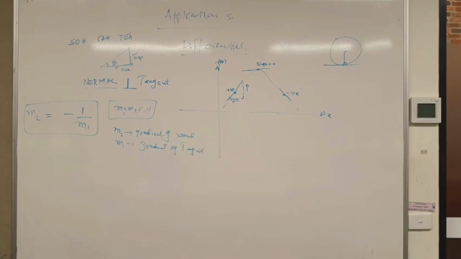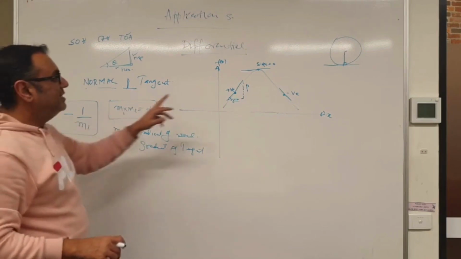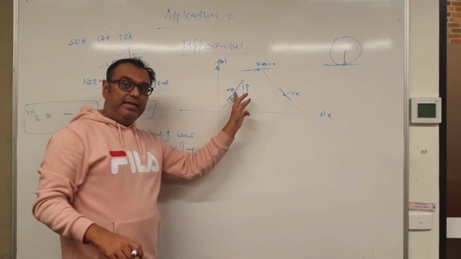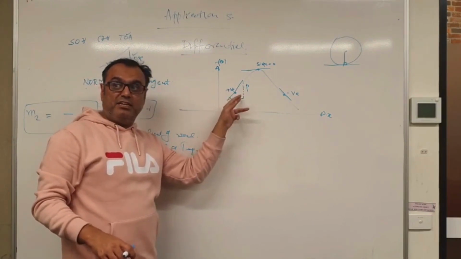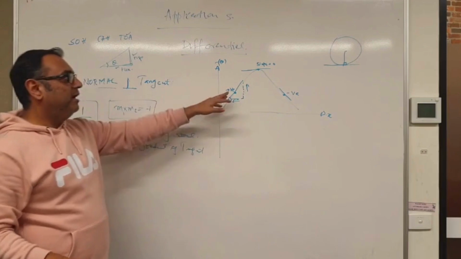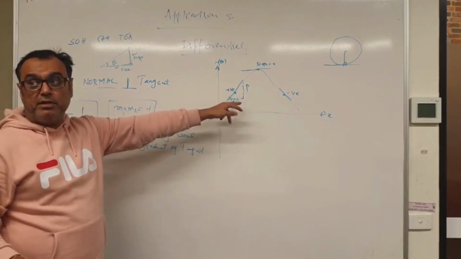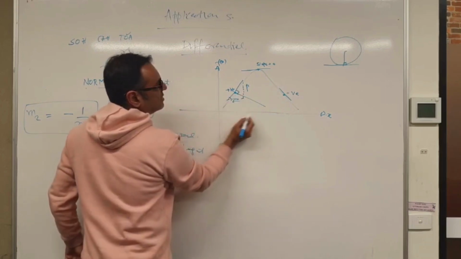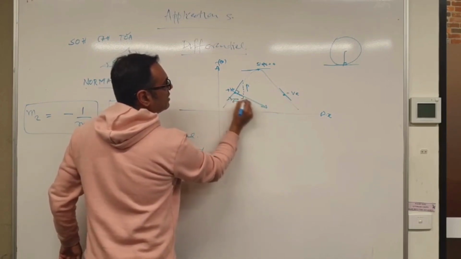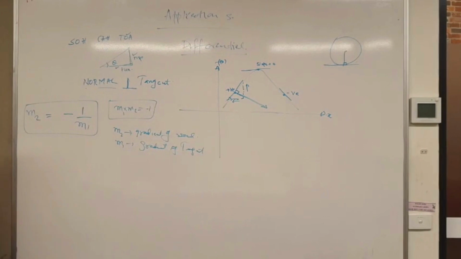You could be asked to find the gradient or the derivative at a point. That means the gradient of this tangent at a point, and then they will say, I don't care about this gradient or this tangent, find me the normal. Find me the equation of this line. And then you will use this rule.